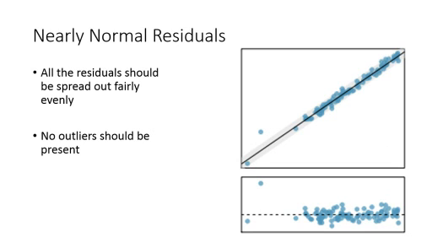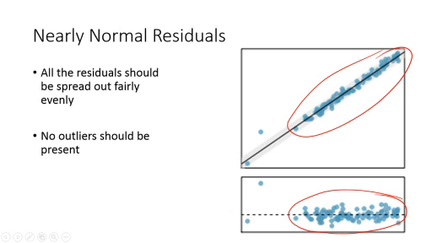Next up, we need nearly normal residuals. All the residuals should be fairly spread out evenly. If we just look here at the end, this would be perfect for ours. But the problem is that we have these two outliers, and we're going to talk about specifically what these outliers are and what they do.